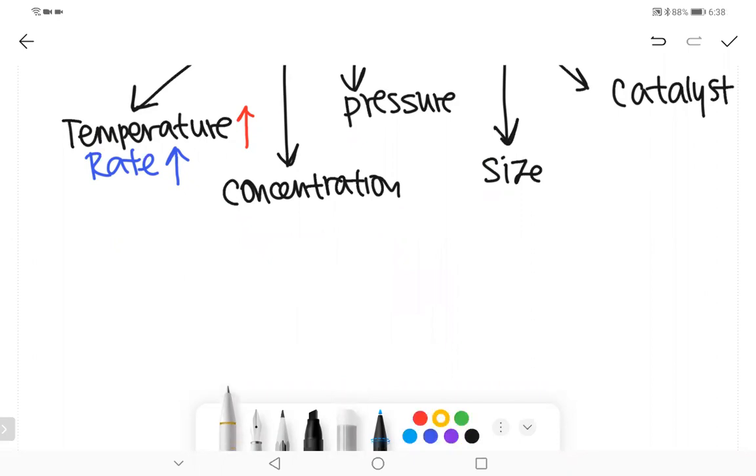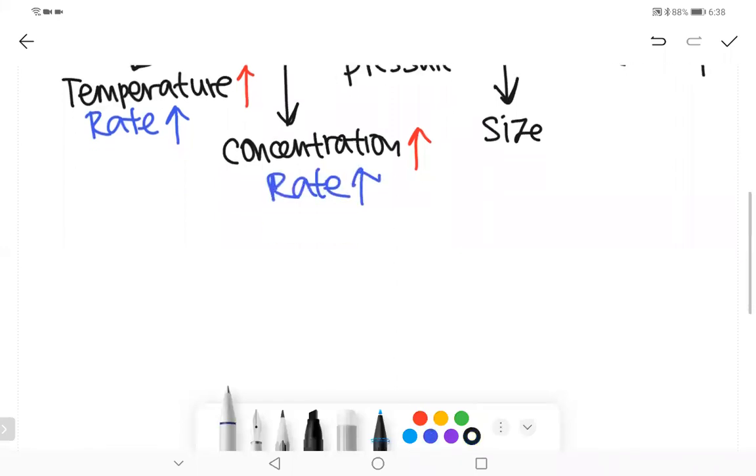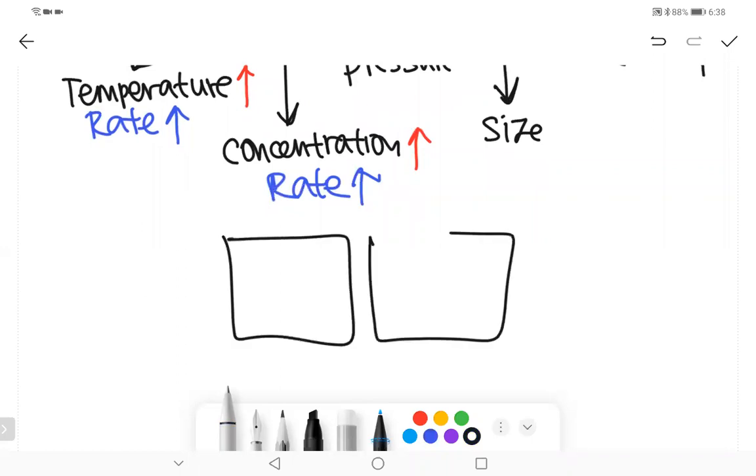Concept number 2 is concentration. When concentration increases, when we use a higher concentration, our chemical reaction will become faster as well. The rate will become higher. For example, now we have 2 medicines, medicine A and medicine B. These 2 medicines are used to treat headache.